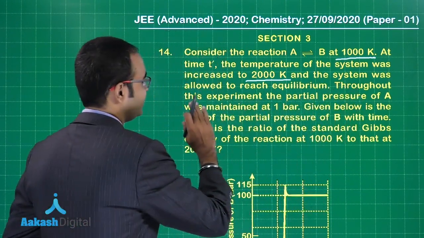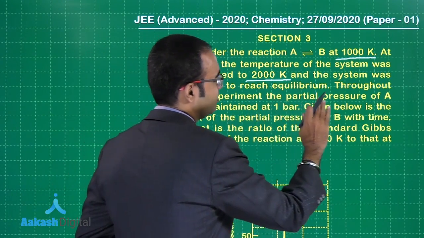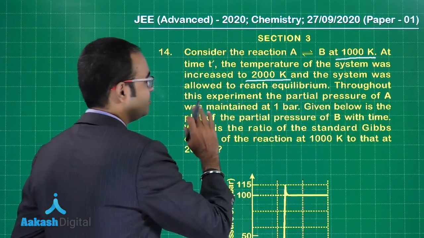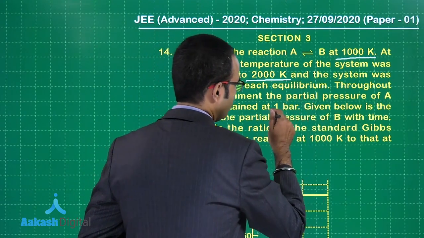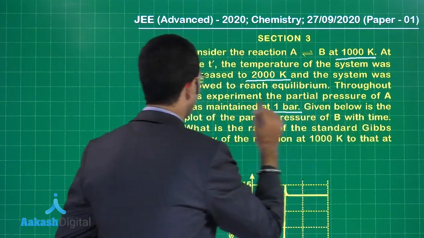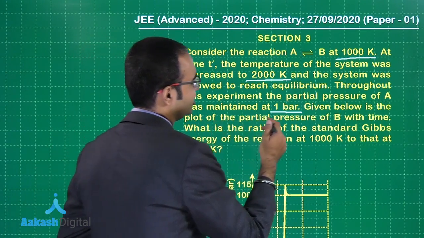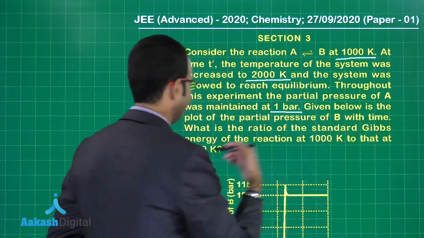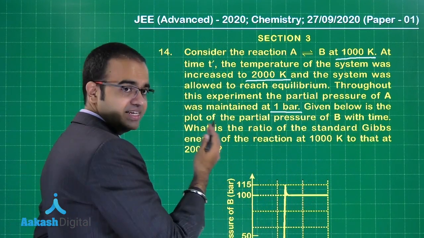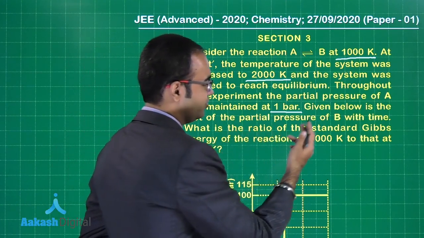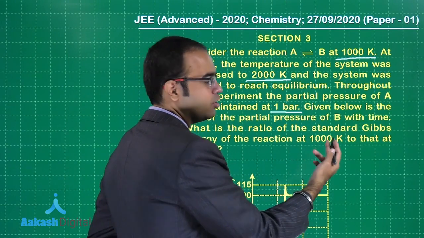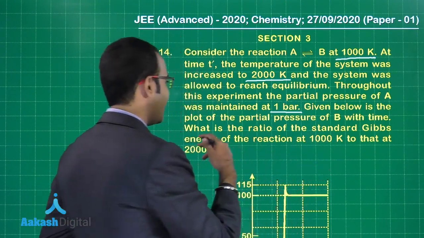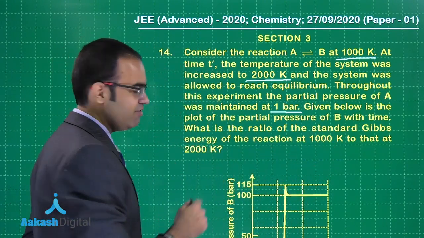Throughout this experiment, the partial pressure of A was maintained at 1 bar. Given below is the plot of partial pressure of B with time. What is the ratio of standard Gibbs energy of the reaction at 1000 Kelvin to that at 2000 Kelvin?